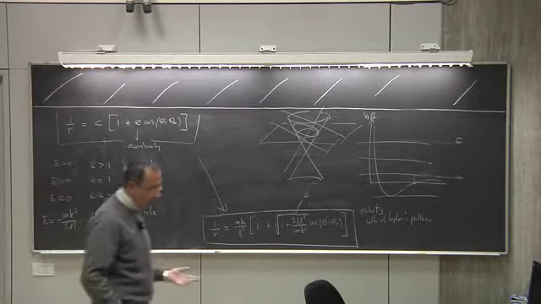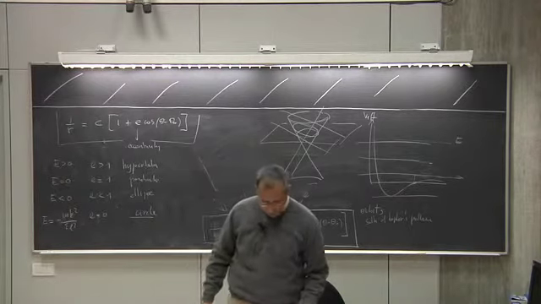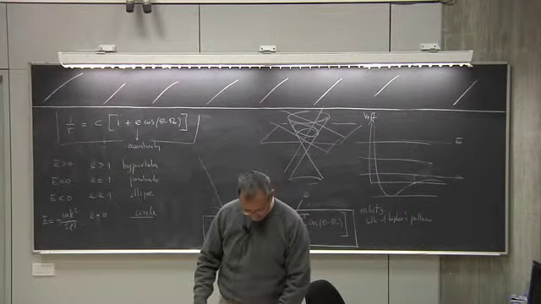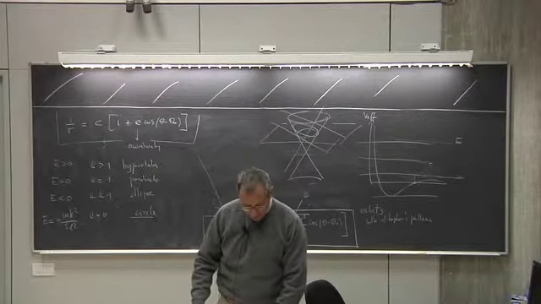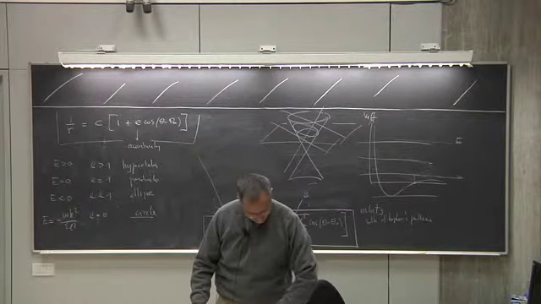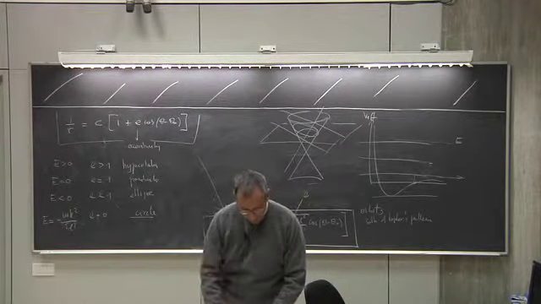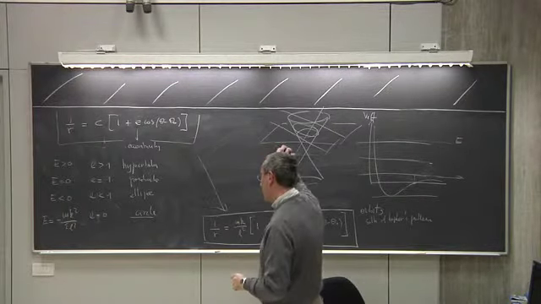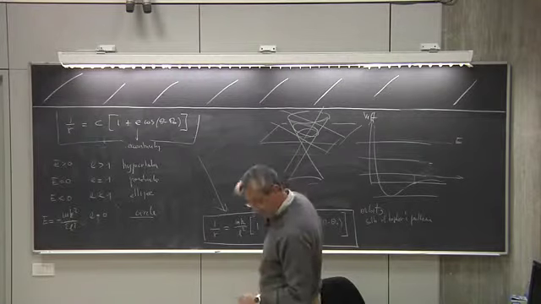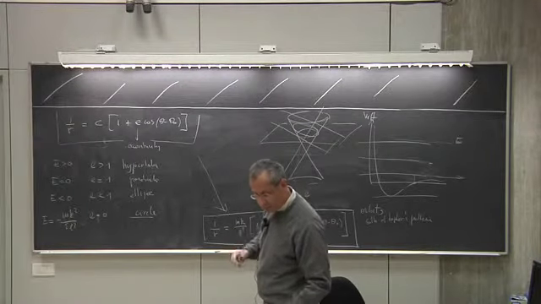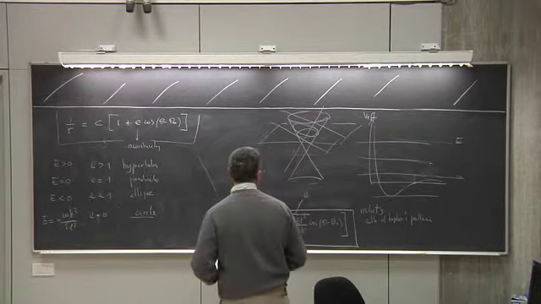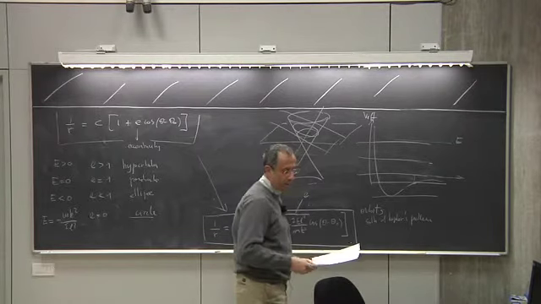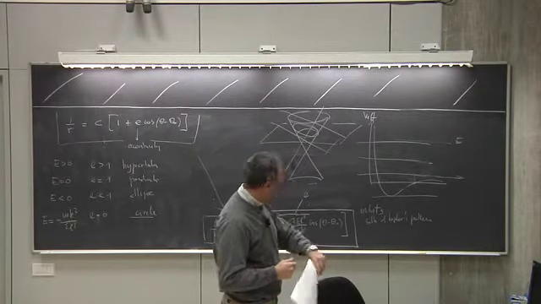So now that we have solved Kepler's problem, what can we do? Well, we can try and discuss the motion of the planets as seen from the Earth. First, let me say a few words about this other conserved quantity.